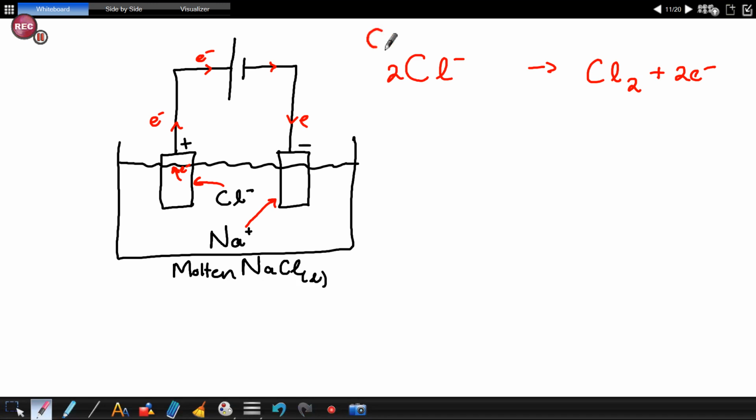This is oxidation. So this is the anode.